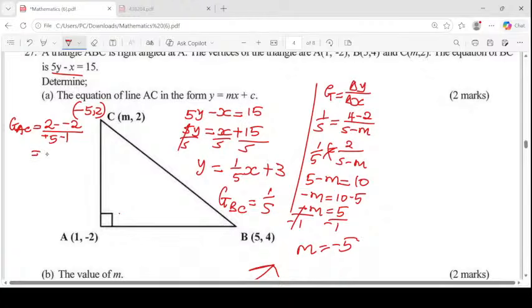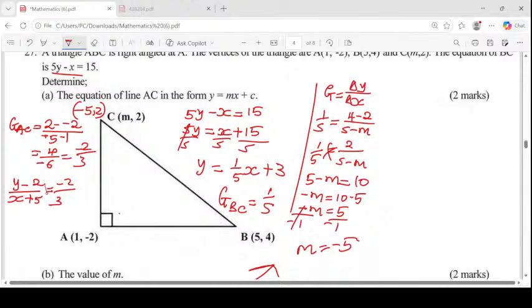So 2 minus negative 2 is 4, over negative 5 minus 1, which is negative 6. So this becomes negative 2 over 3. Then how do you get the gradient? You can say y minus 2 over x minus negative 5, which is x plus 5, is equal to negative 2 over 3.